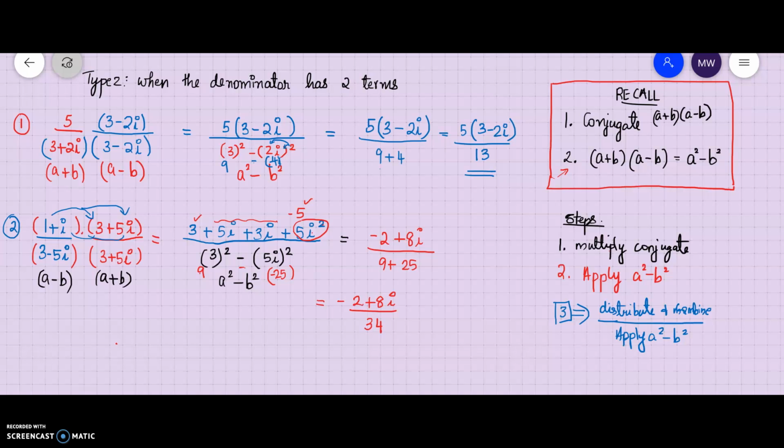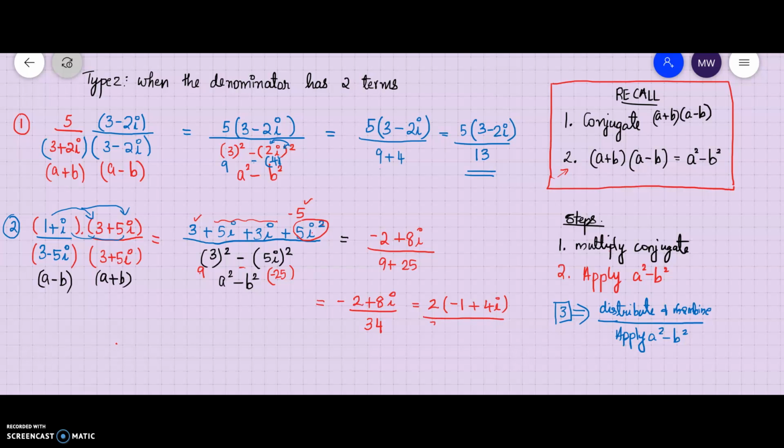Usually we are done here, but in this case we can see that the numerator has 2 as a common factor, and so does the denominator. So I can take 2 as a common factor away from both terms of the numerator. When I take away the 2 from the numerator, I get a negative 1 as my first term, plus 2 times 4 is 8, so I get 4i as my second term.